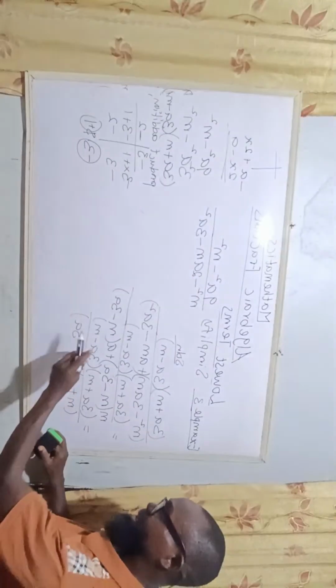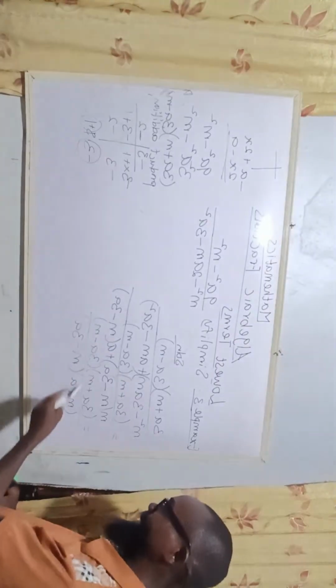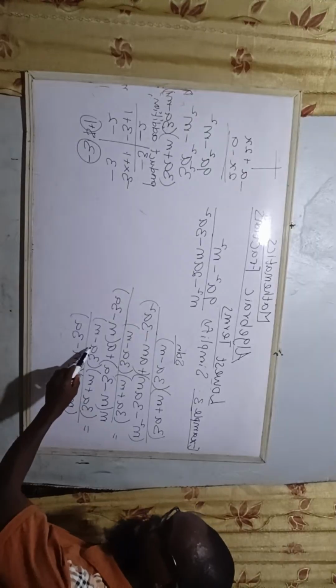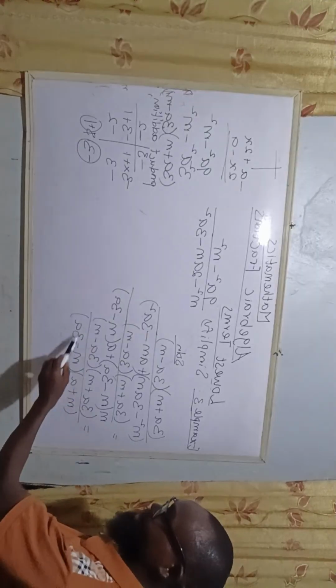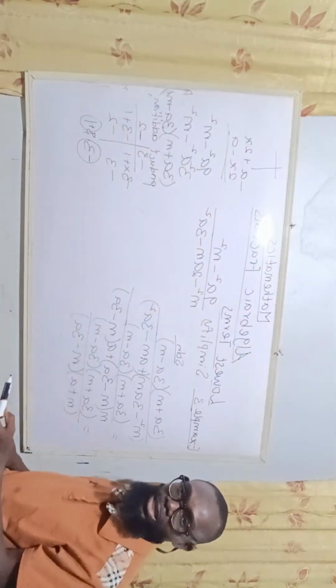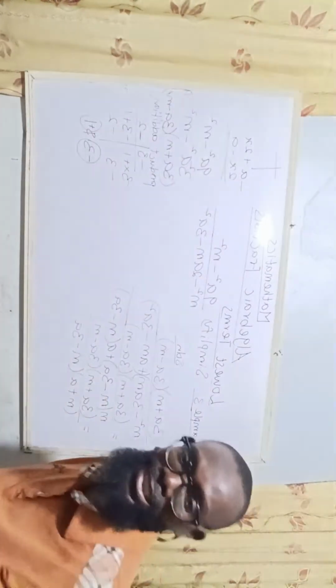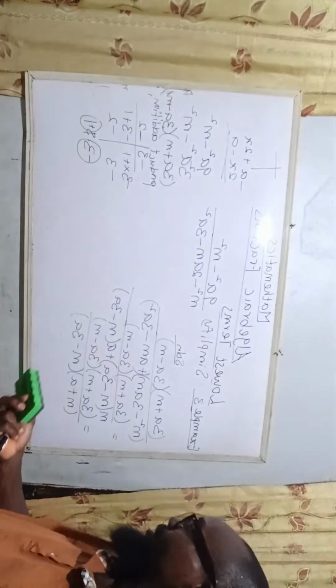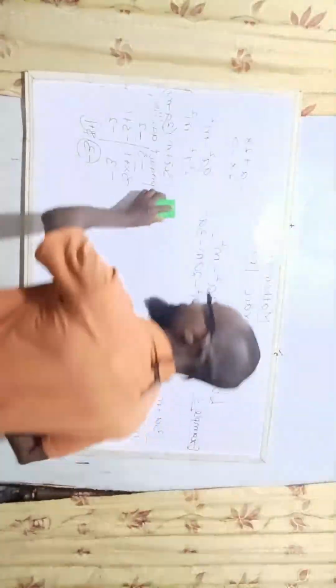Now, if we look at this, this is 3a plus m, plus a. This is 3a minus m, minus 3a. This and this are supposed to be the same, but they are not the same. How can we make them the same? By introducing our negative sign. Let us introduce our negative sign here.